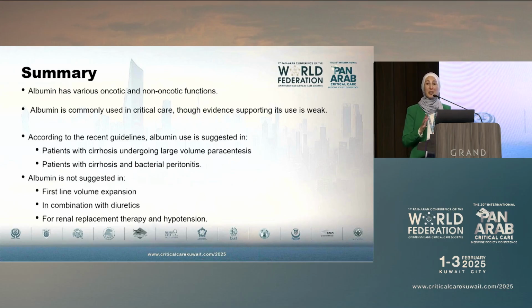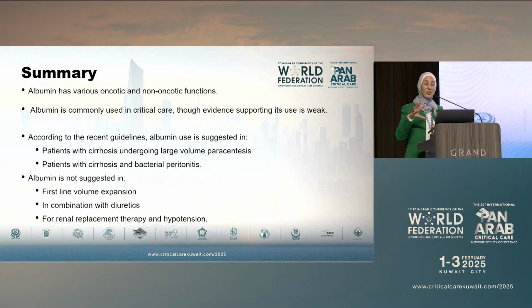So to summarize the controversial part of albumin and the guidelines, albumin certainly has a lot of oncotic and non-oncotic functions, and I think that's the reason we get into this dilemma. It's commonly used, but the main issue with albumin is that we have very weak evidence to support its use.